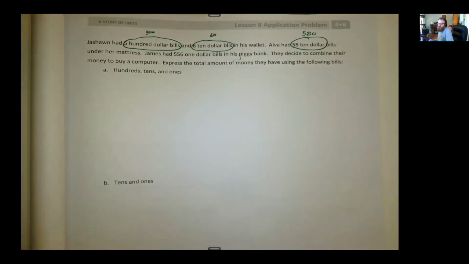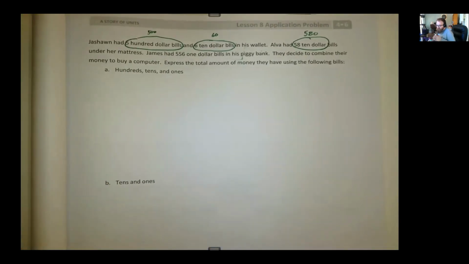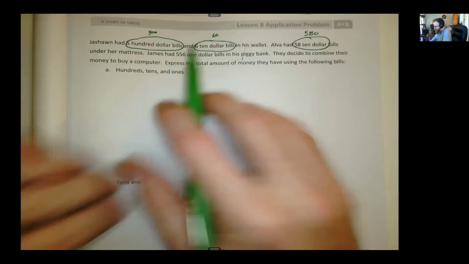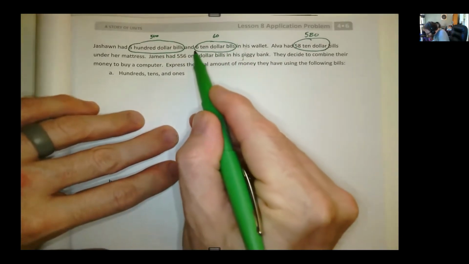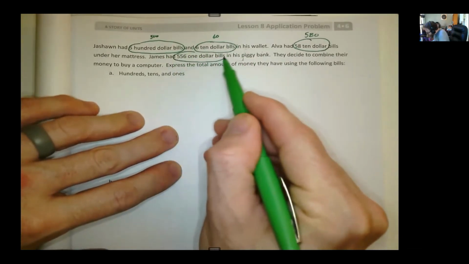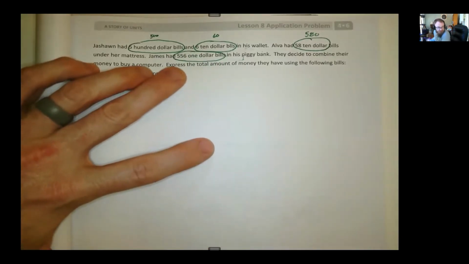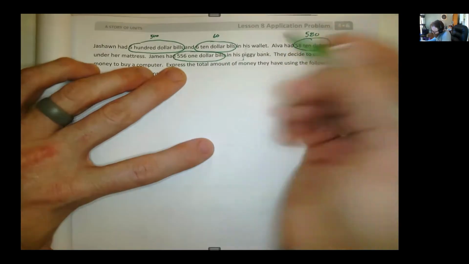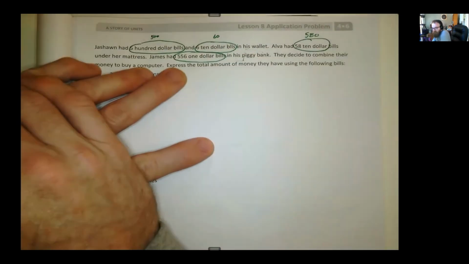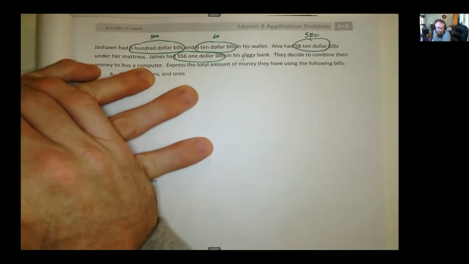We should be getting to the point where that comes into our heads pretty quickly. James had 556 $1 bills in his piggy bank. I'm going to leave that as 556. We know that $1 bills are worth $1, of course, and 556 of them would be worth $556.